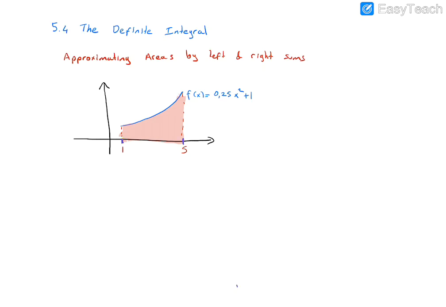The total length is 5 minus 1, which is 4, so we divide it into 4 equal parts. Each length is 1: this is 2, this is 3, this is 4. Each length is denoted by delta x. Delta x equals 5 minus 1, the total length, over the number of subintervals, which is 1.